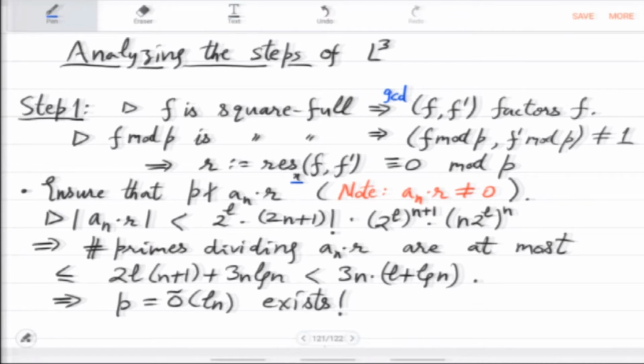Okay, now let us move forward to step 2. So what happens in step 2? In step 2, you are just factoring f mod p.